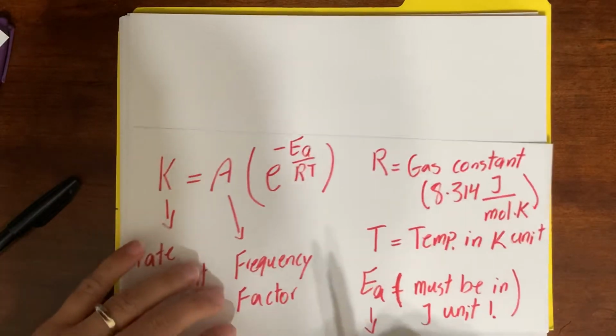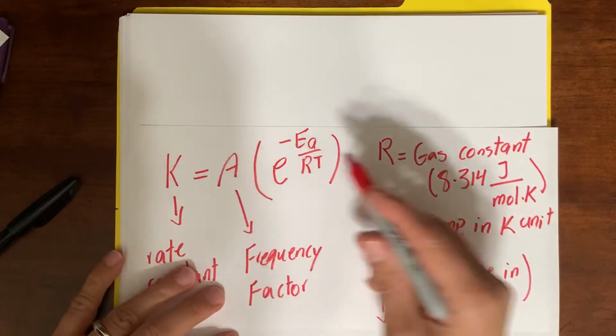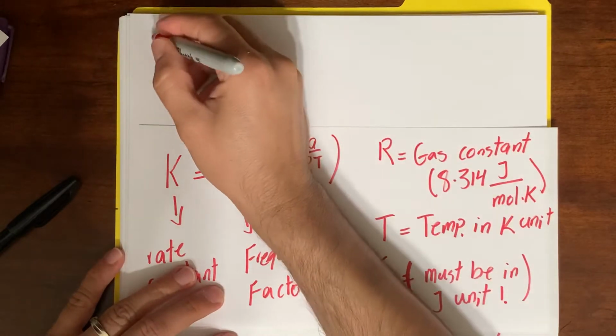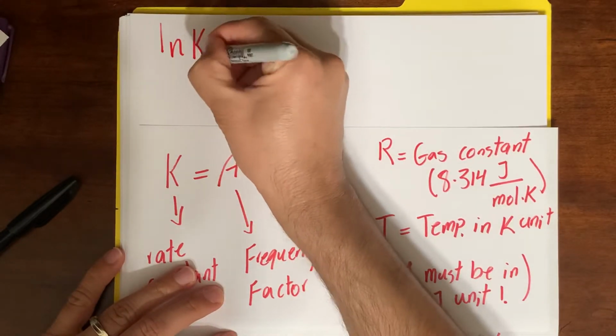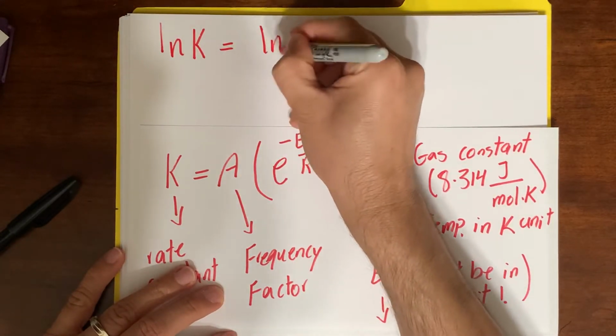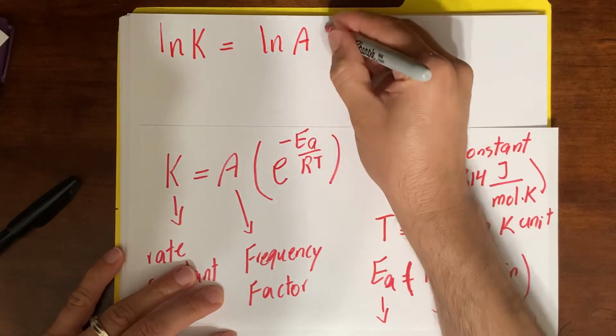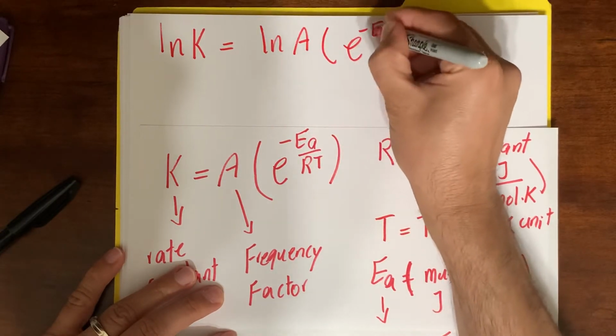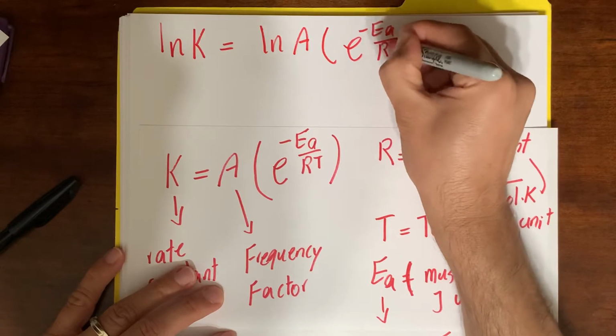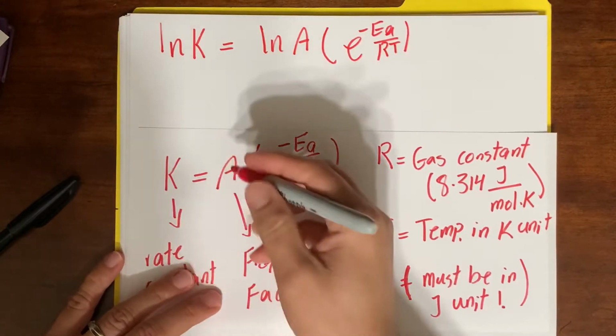So what I'm going to do, I'm going to take the natural log of both sides of this equation, and it will give me ln of K equal to ln of A multiplied by e to the power of minus EA over RT. Okay.